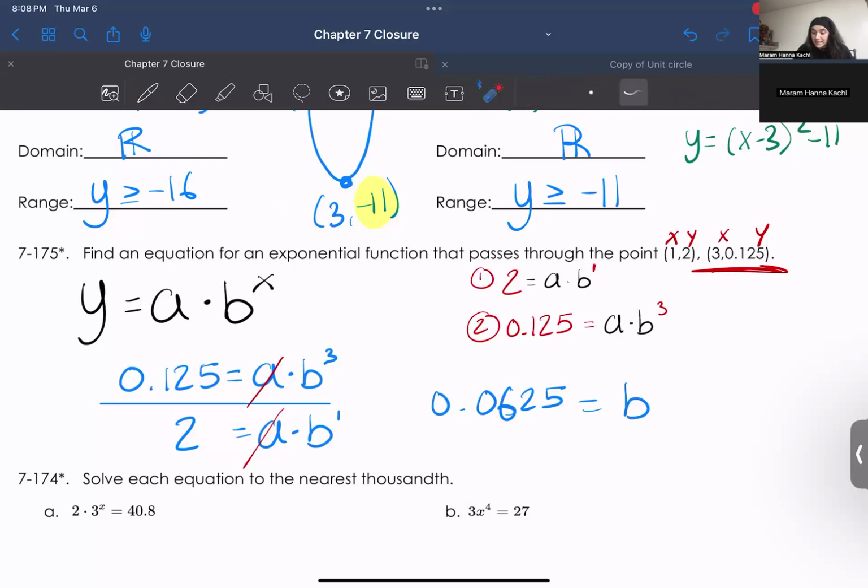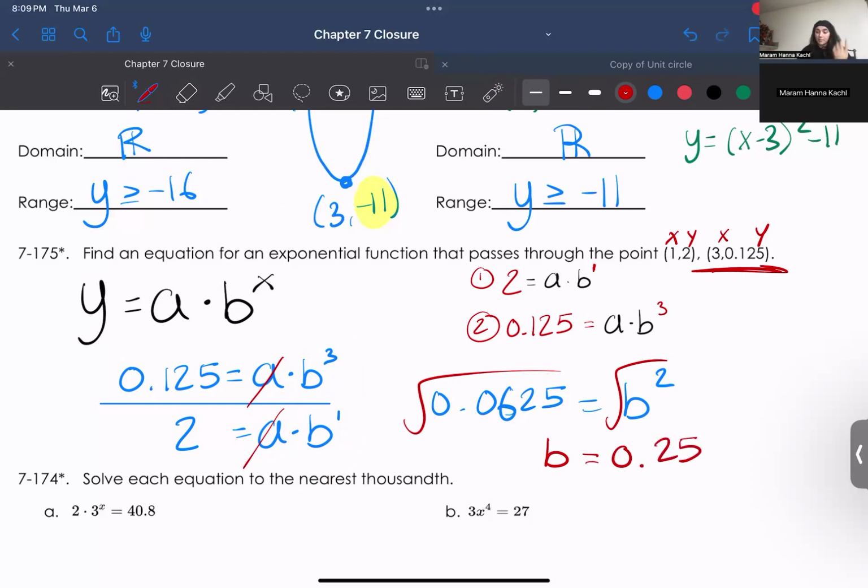And let's remember that when I divide, the exponents subtract. So I'm left with b to the 3 minus 1 power, or b to the second. So I almost have b by itself. I need to square root both sides here. And that gives me that b is equal to 0.25.